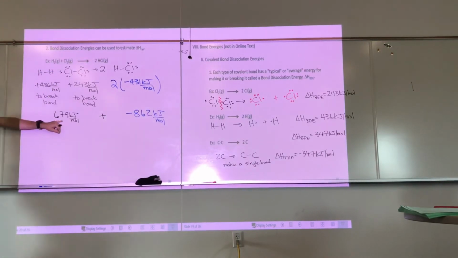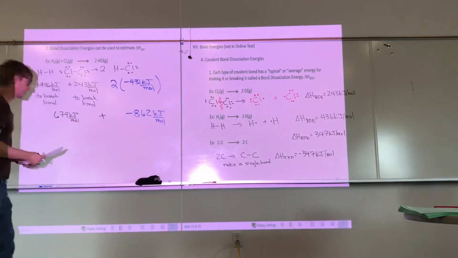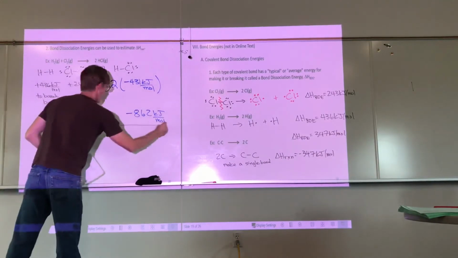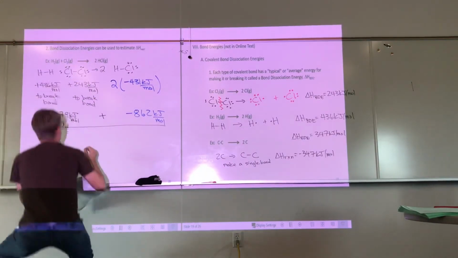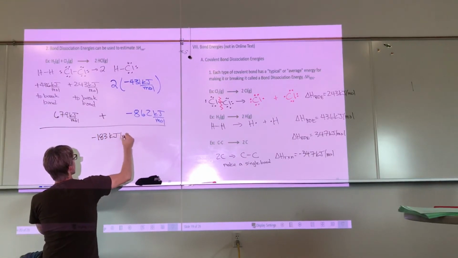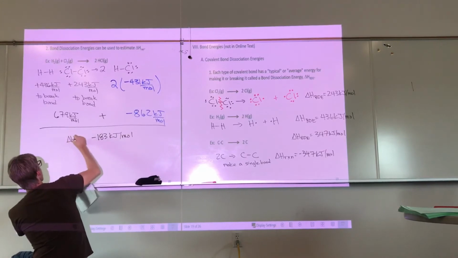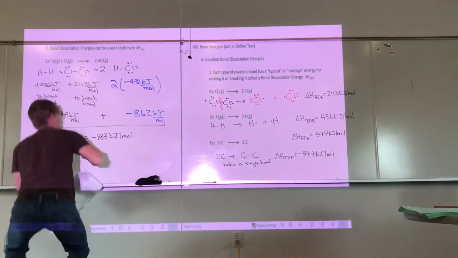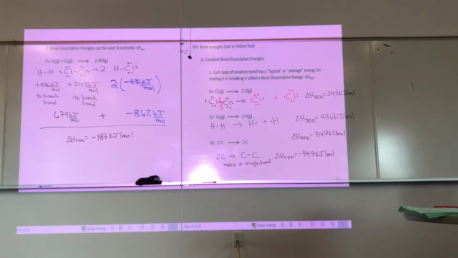This much energy to break them, this much energy to make them. Overall, delta H reaction is minus 183 kilojoules per mole.